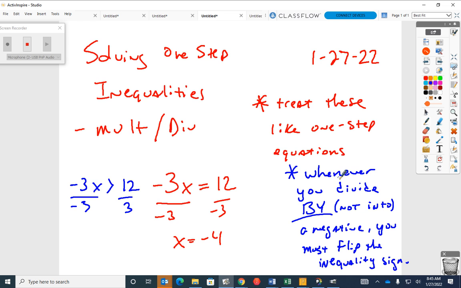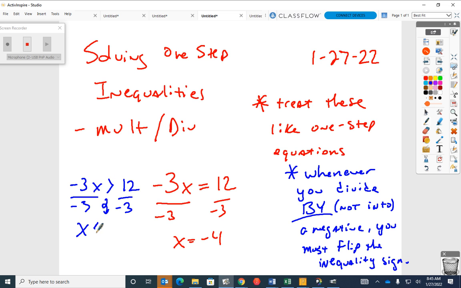Lily, read that to me. Whenever you divide by. And why did I underline by and make it capital? Because that's important. Divide by, not necessarily into, but by. The negative must flip the inequality. So am I dividing by a negative here? Yeah, I am.